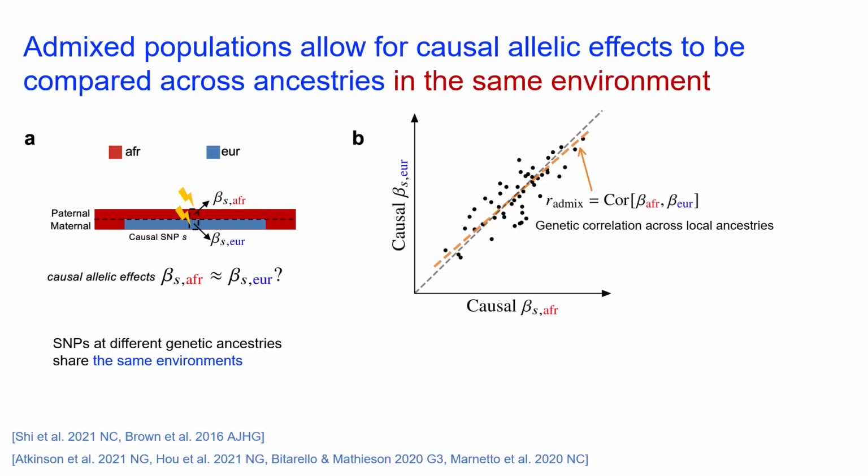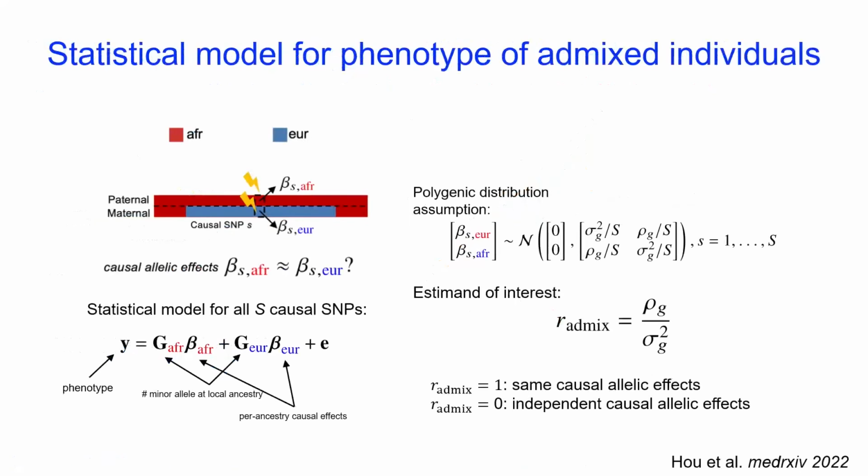Is the effect size in Europeans predictive really well in Africans or not? And you can label that as a correlation in the causal effect, or a genetic correlation across ancestries, if you will. But it's really just saying whether the effect sizes are the same or not.